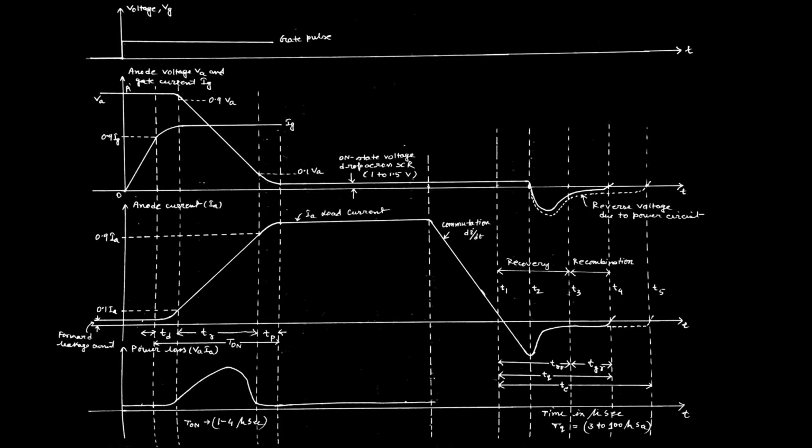See, in this rise time, the anode current is maximum as well as the anode voltage is maximum, which means power, voltage into current. That is why the graph takes this kind of shape where the power loss is maximum. So during on time, the power loss is maximum across the time TR, or rise time.